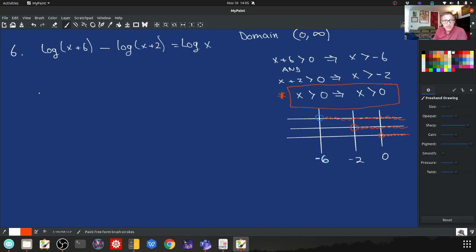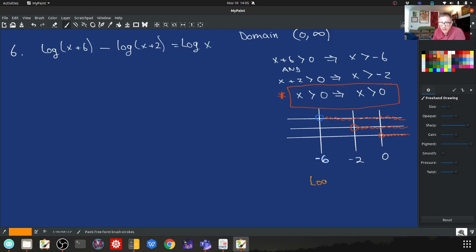So now I'm going to use a logarithm property. So remember that the log of A minus the log of B. I'm going to do this a little bit different. I'm going to say it in the full generality.